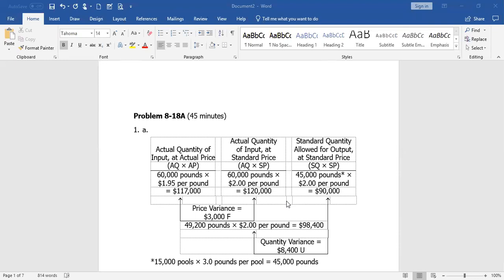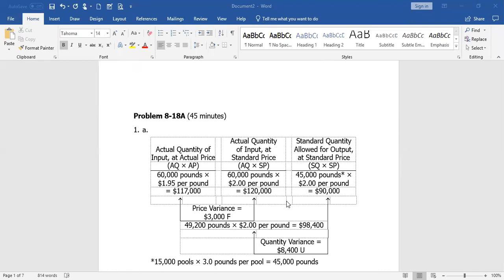So 98,400 is the amount you're going to compare to the 90,000. Because if we didn't, it would look like we used 60,000 pounds. We didn't. We only used 49,200. So the difference between the flexible budget and the planning budget of 8,400 is an unfavorable variance.